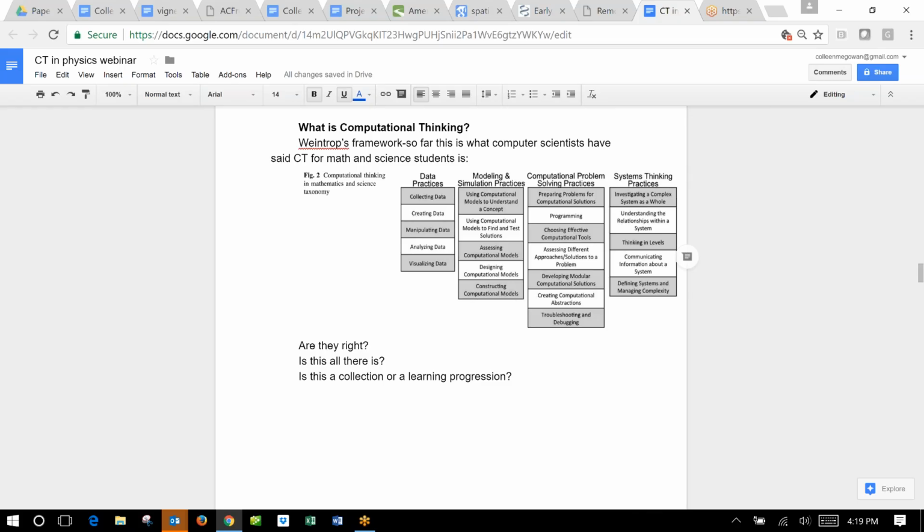I'd like you to take a moment and just look at this table that they prepared. There are data practices, modeling and simulation practices, computational problem solving, and systems thinking. So take a minute and look and then tell me what you think.